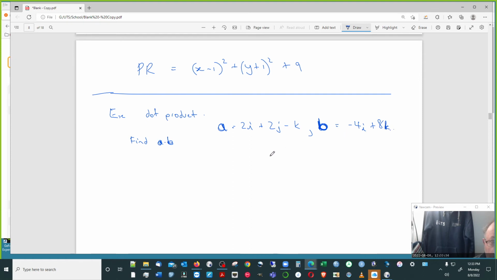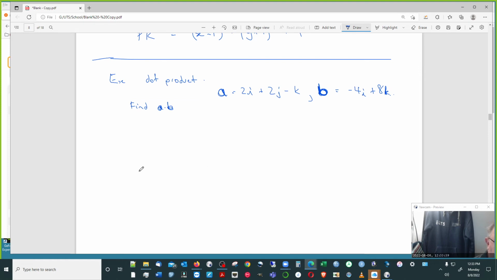Okay, so we get them in unit form, and we're not happy with that because that's just an annoyance.